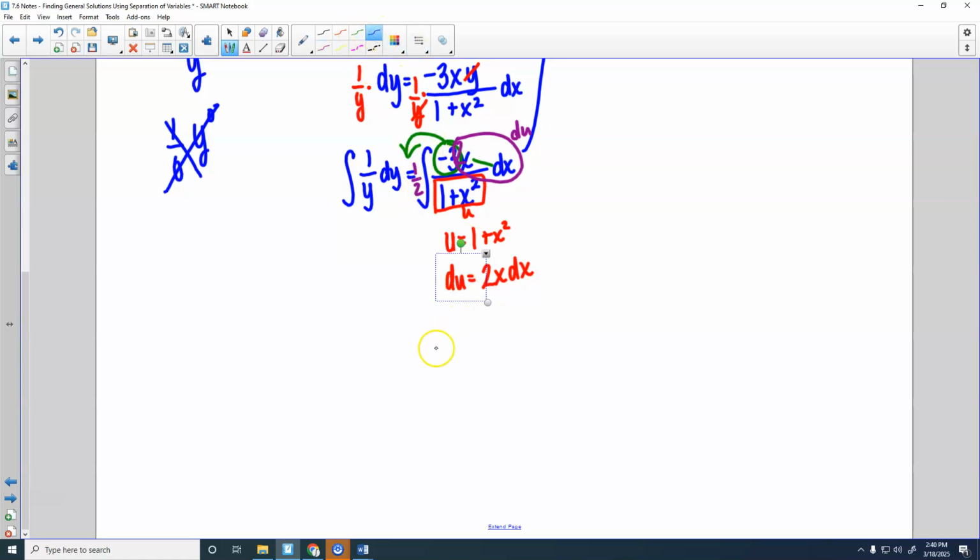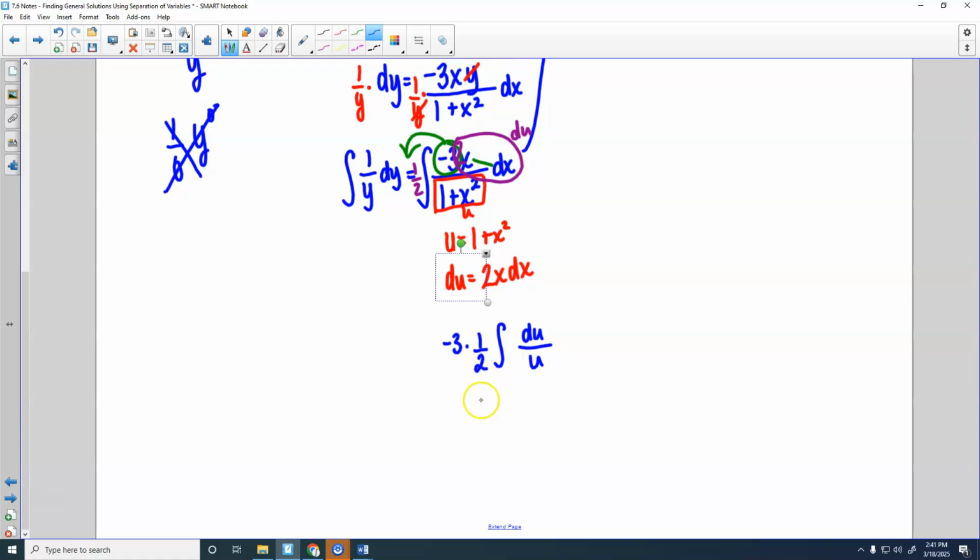So what I've really got here is that negative 3 times that 1/2 integral of du over u. What do I get when I integrate du over u? It's another natural log, right?